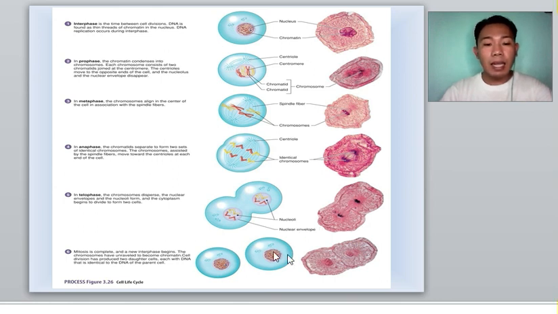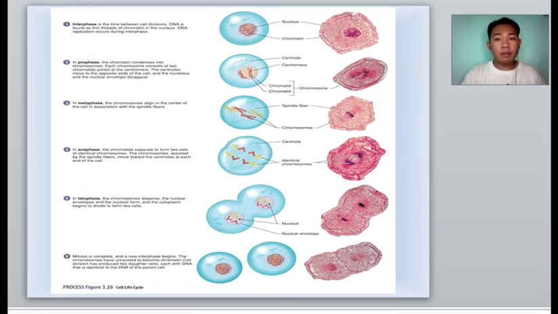Lastly, in this stage, the mitosis is complete and a new interphase will begin. So the chromosomes have formed into chromatin. And the cell division has produced two identical daughter cells, each with DNA that is the same as the parent cell.